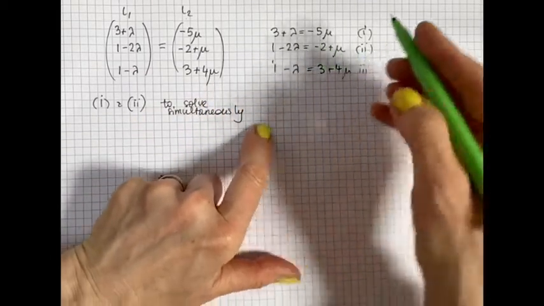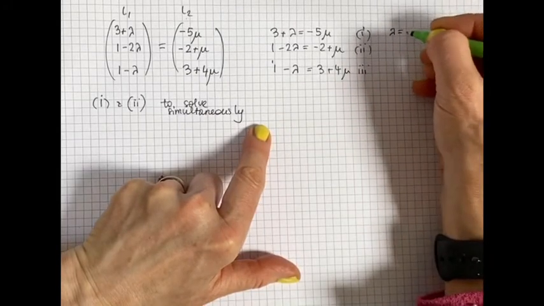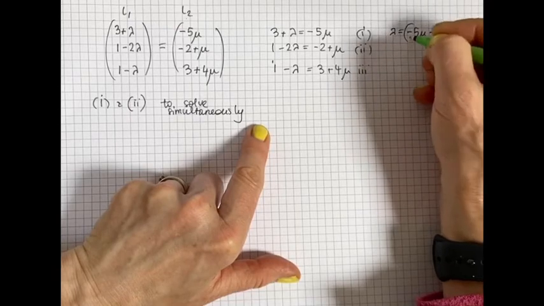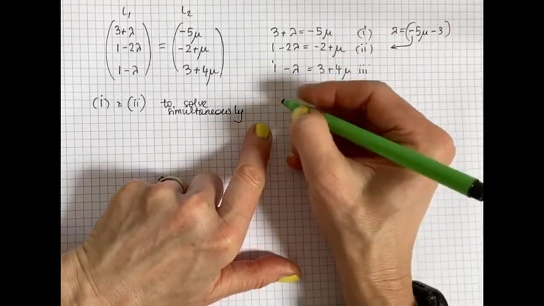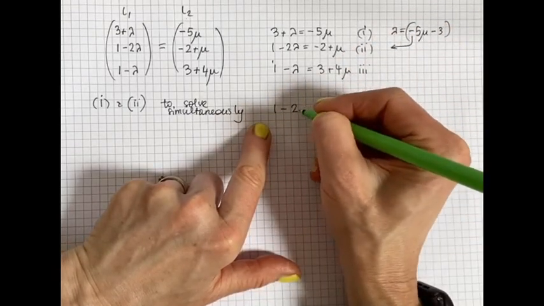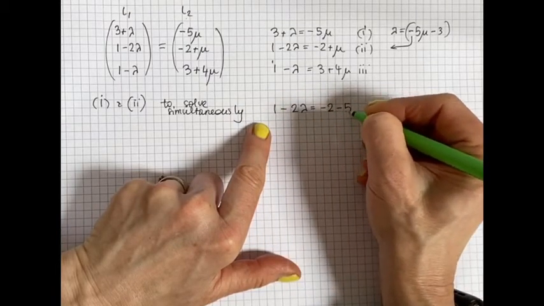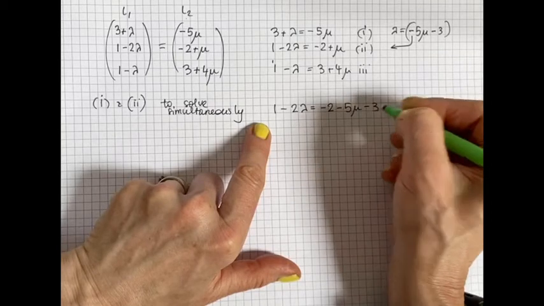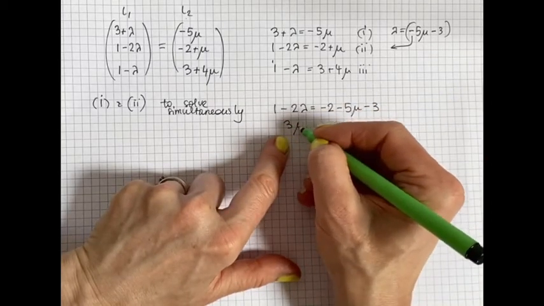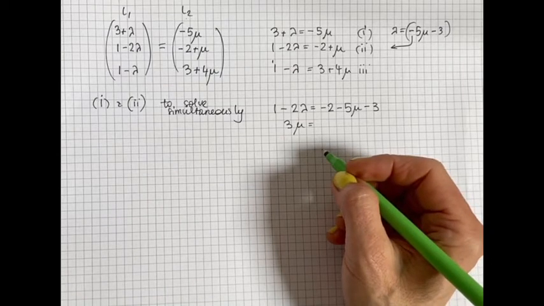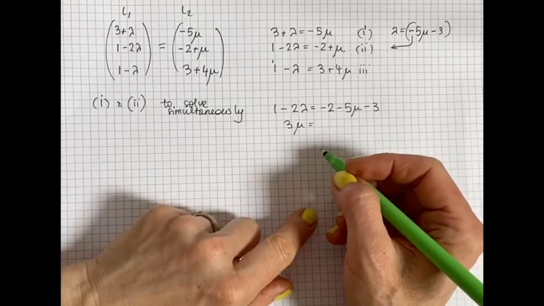So the first one will give me lambda is equal to minus 5 mu minus 3, and I'm going to substitute it into the second one to obtain 1 minus 2 lambda is equal to minus 2 plus mu. Oh, what have I done?